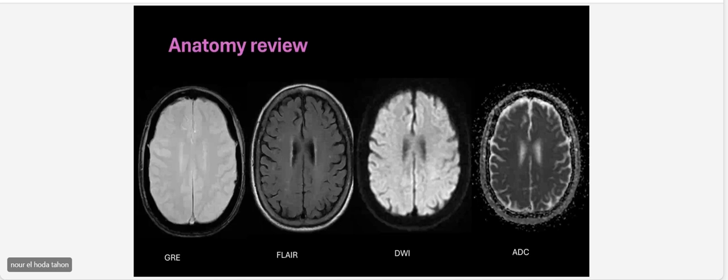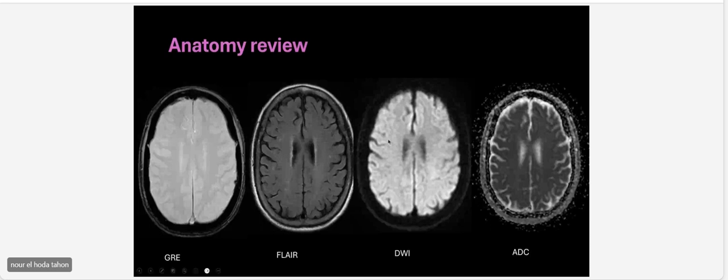The water molecules cannot pass easily between the cells, and this leads to what we call restricted diffusion, okay? So difficulty means restriction, okay? And this can help us to catch the signal in diffusion.